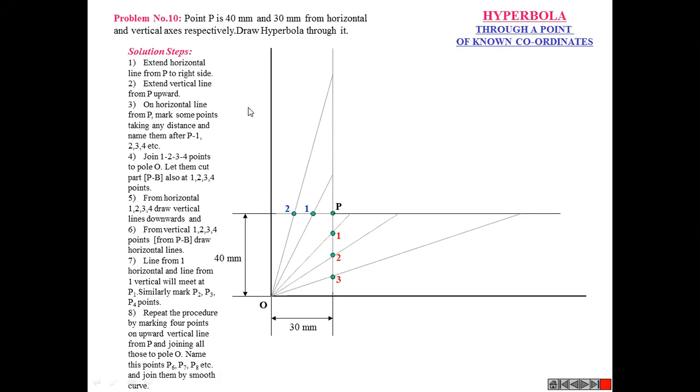Similar to the concentric circle method, we drew vertical and horizontal lines, connected the locus of the points, and it is ultimately the hyperbola.